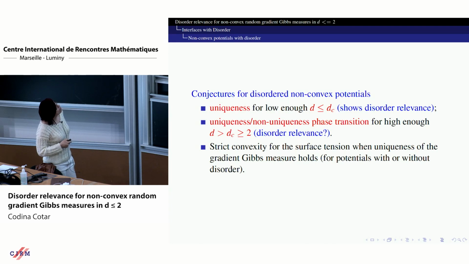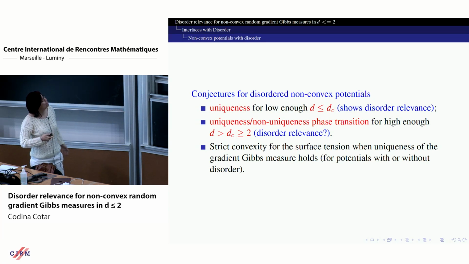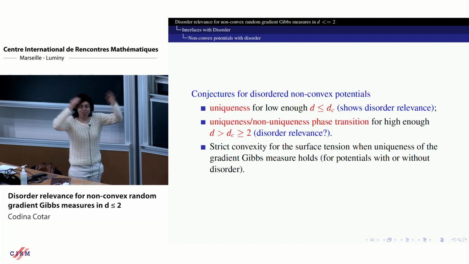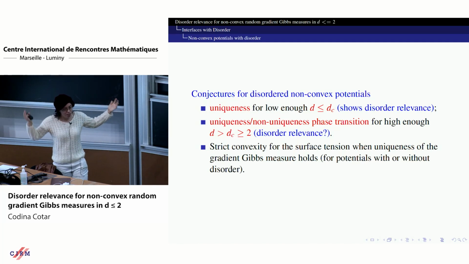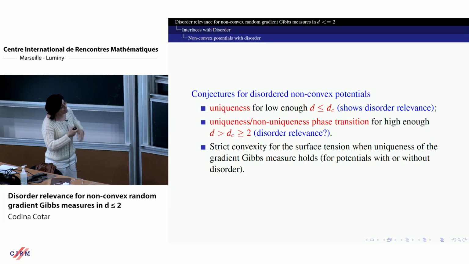Now, some conjectures that I'm going to throw here before I finish. The conjecture is that uniqueness will hold for low enough dimensions, smaller or equal than some critical dimension. Of course, this is a very wide conjecture because we still don't have a full picture of what happens in the model without disorder. So it's quite a wild conjecture indeed.